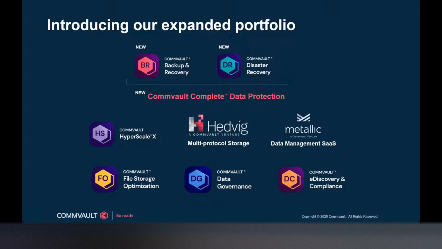Those are the features around VM replication, database replication, and the whole disaster recovery stuff. Those products can be bought separately. So we can, for example, just buy the disaster recovery product without the backup capabilities, or you can buy the disaster recovery on top of the classic Commvault data protection.